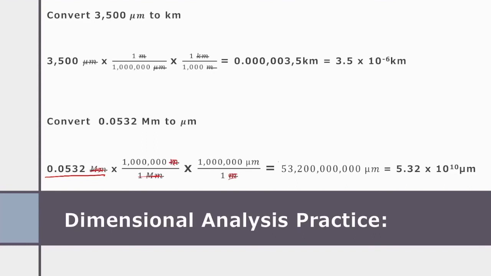And I end up with this huge number right here, which makes sense because this was a really big unit, and now we're using really tiny units to describe the same quantity, so the number is going to be a lot larger. And remember that large numbers are always associated with positive exponents when we write this in scientific notation. And there we go.